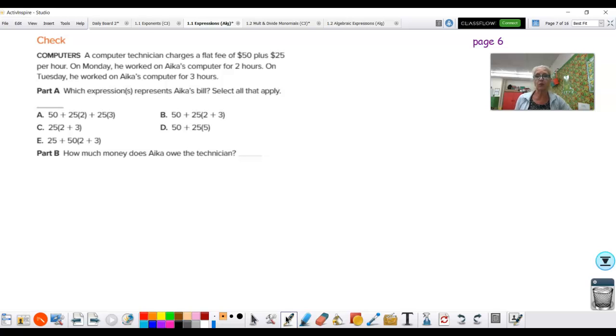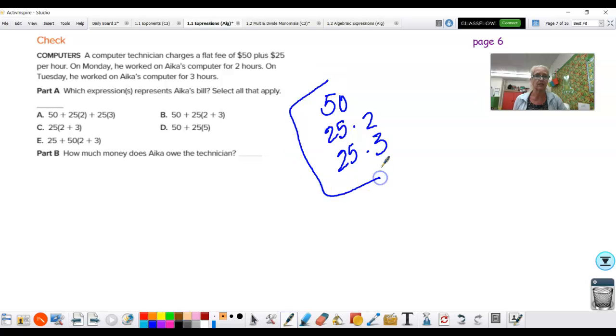Which expression or expressions represent A's bill? Well, we know we have a $50 flat fee that he has to get paid, but he also is getting $25 for 2 hours and $25 for 3 hours. So this constitutes everything he's going to be paid. Which of these are equivalent?